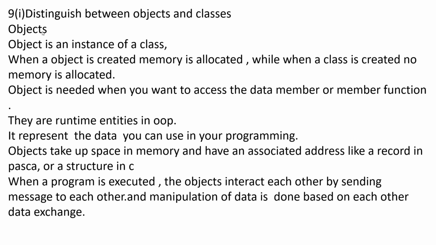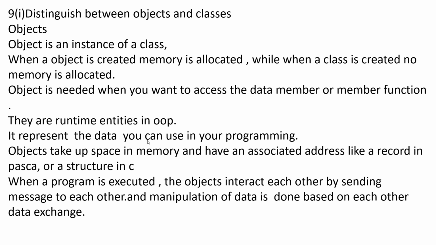First one is object. An object is an instance of a class, and when an object is created, memory is allocated, while when a class is created, no memory is allocated. An object is needed when you want to access the data member or member function at runtime. It was introduced in OOP, object-oriented programming.